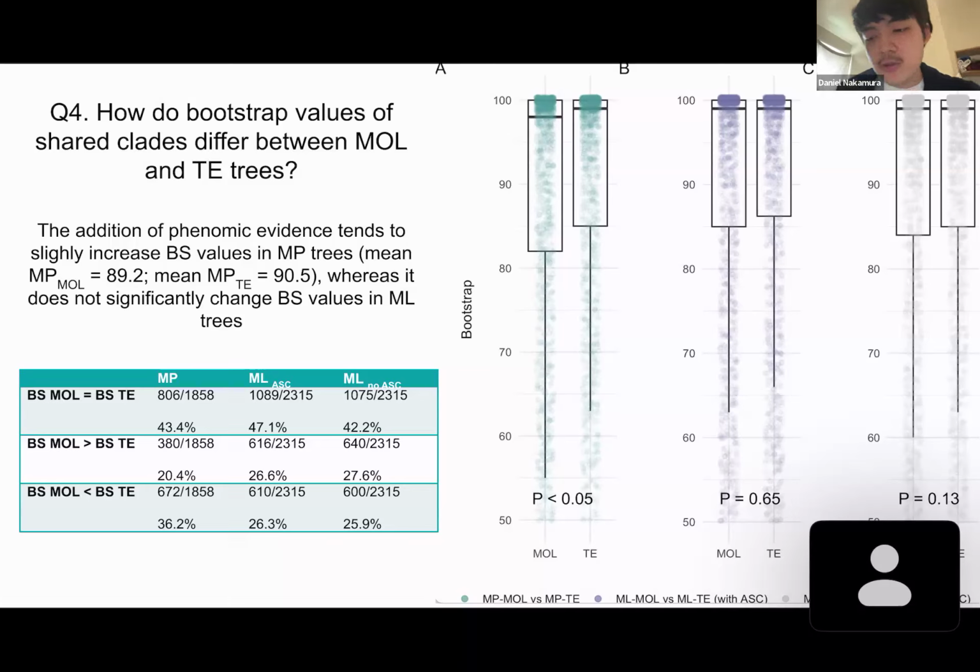Specifically, the bootstrap values were the same for 43% of the nodes, higher in molecular trees in 20% of the nodes, and higher in total evidence trees in 36% of the nodes. In likelihood trees, there is no significant difference in bootstrap values between molecular and total evidence trees.